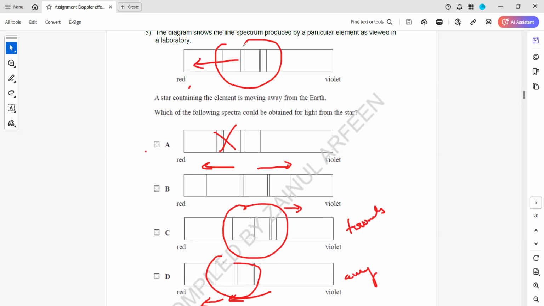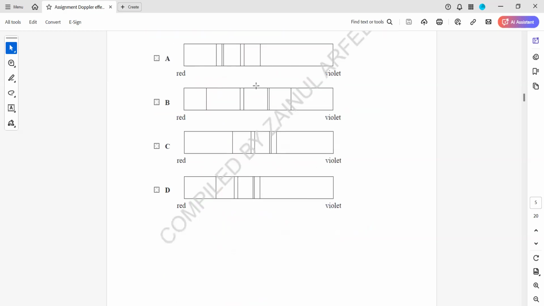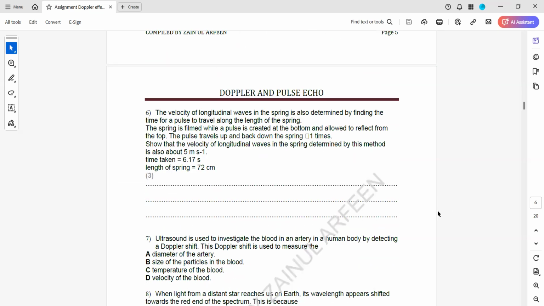If you compare the first line here, it has shifted towards the red. Any doubt in this? So the whole pattern has shifted towards the red, which means it's a red shift.